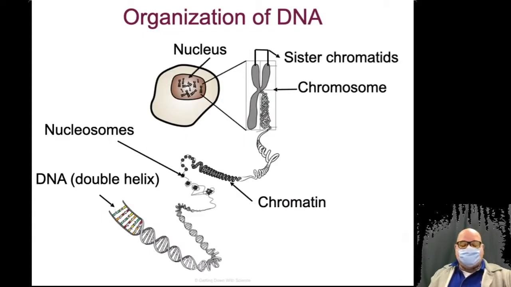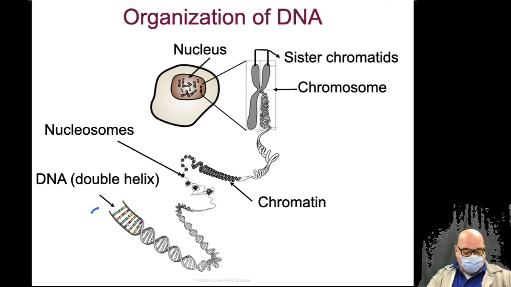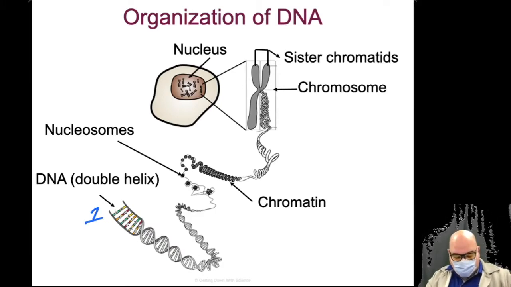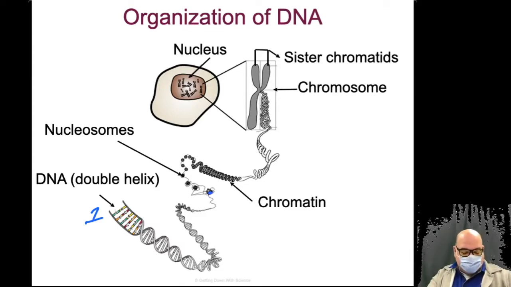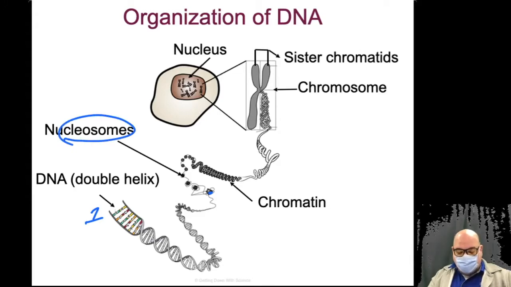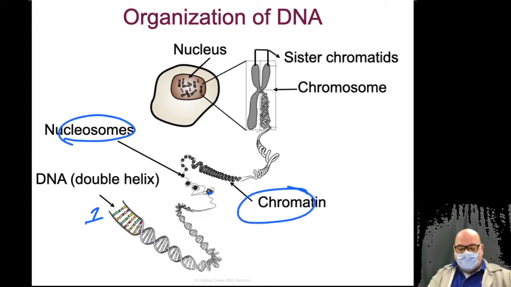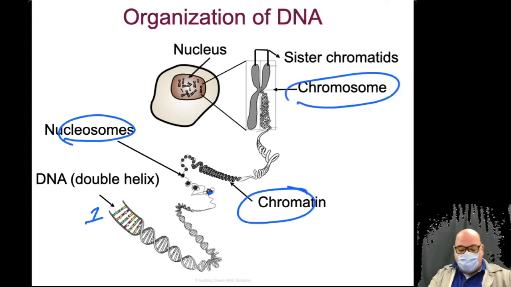All right, so here's the visual form. You're going to start all the way down here with unwound DNA. It's going to wrap up on these little things called histosomes, which turn into nucleosomes, which turn into chromatin, which becomes a chromosome, and then those become sister chromatids.